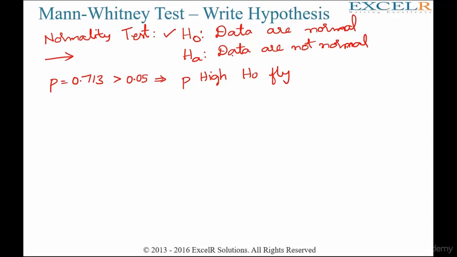So data are normal. But data are normal for what? This is for without additives.